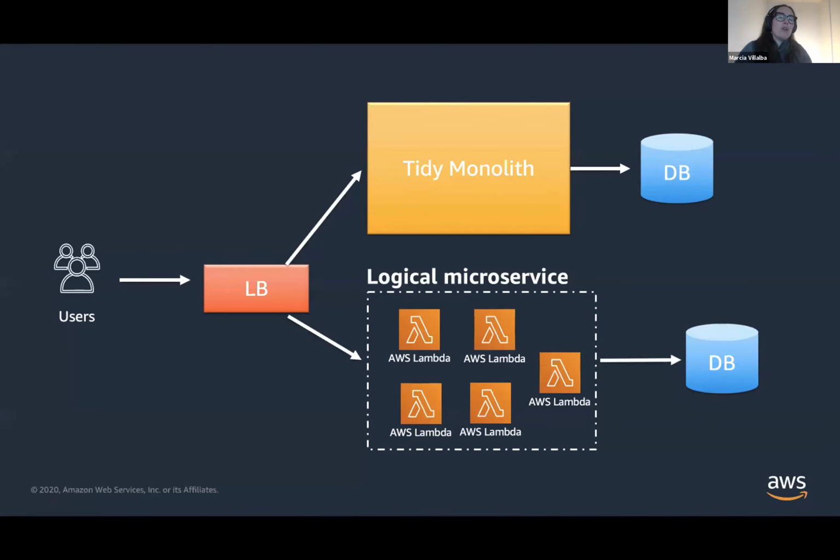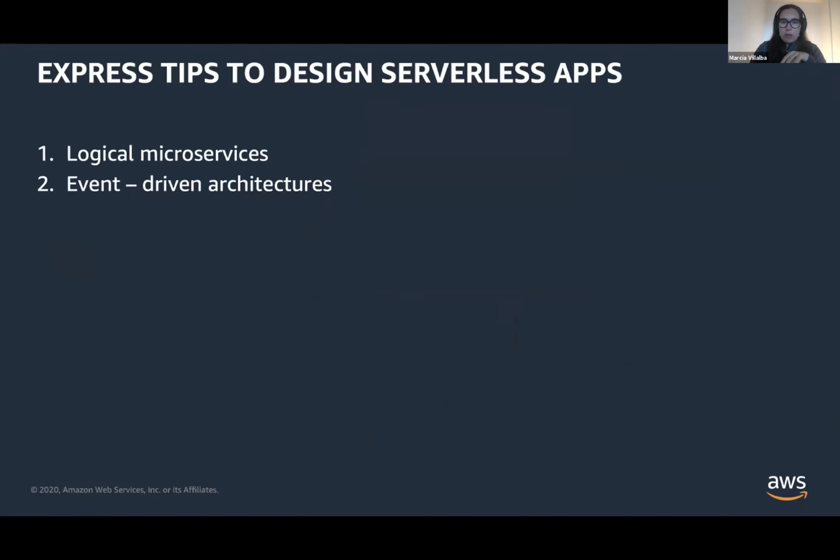And this will make your application way easier to handle. You want your Lambda functions inside your microservices to connect through queues or something else, not directly. I will talk about that in a second. And you want your database to be private to that logical microservice. So any other Lambda function or computing or whatever cannot access your database. It can only be accessed from within your logical microservice.